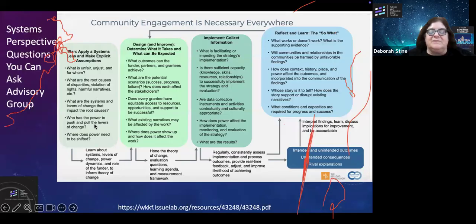Who has the power to push and pull the levers? Where does the power need to be shifted? You can start out in the planning stage and then go through design, implementation, and reflecting, and by taking the systems perspective, you can really get a good understanding of what the possible options are.